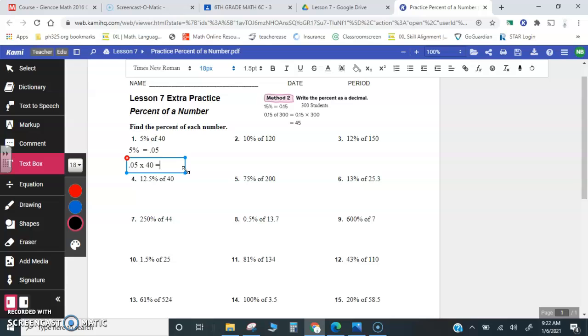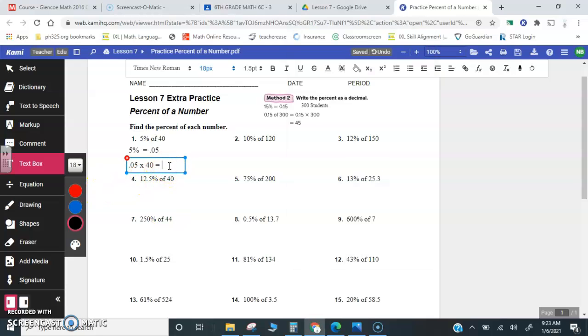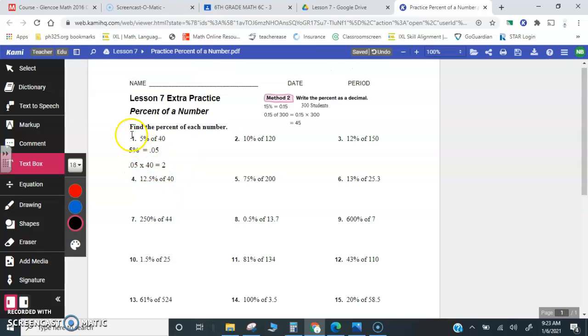Okay, and if we do that in our calculator, we're going to say 0.05 times 40 gives us 2. So our final answer would be 2. So what we're saying now is 5% of 40 is 2.